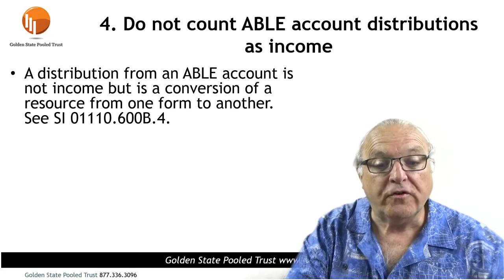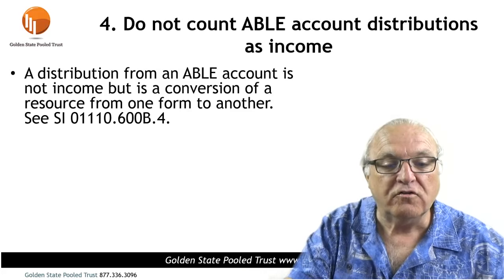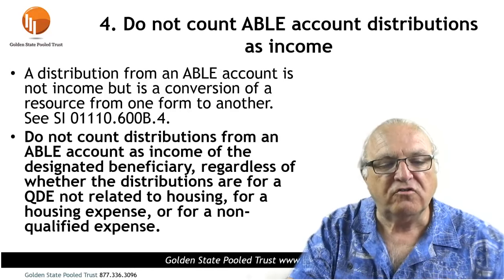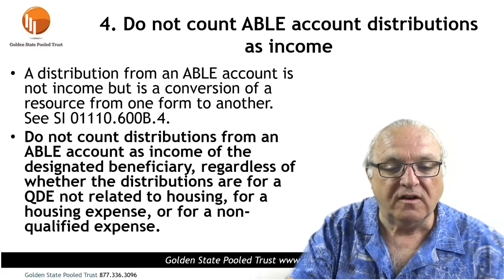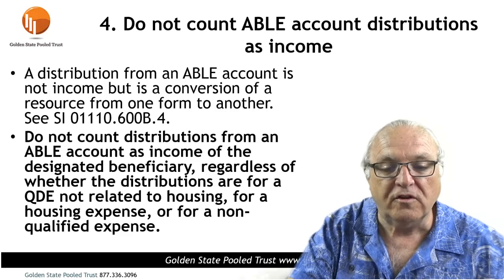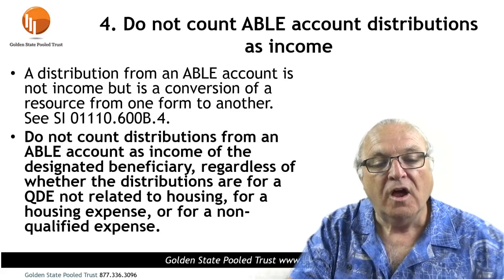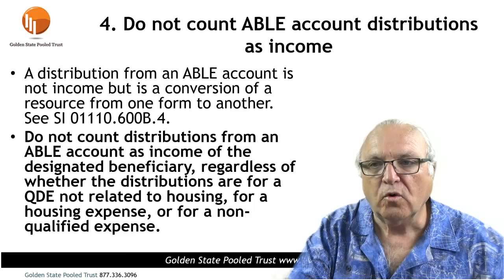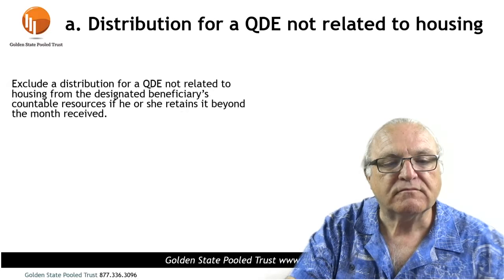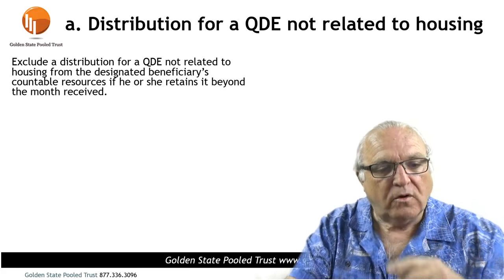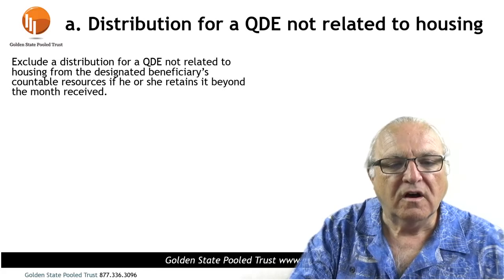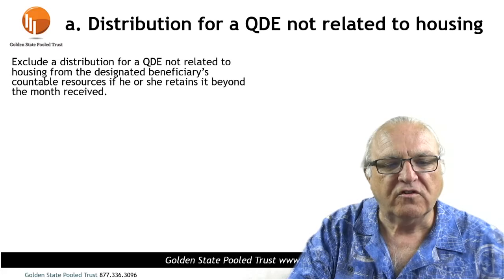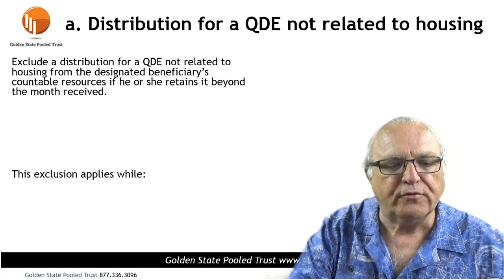A distribution from an ABLE account is not income, but it's a conversion of a resource from one form to another. So do not count distributions from an ABLE account as income of the designated beneficiary, regardless of whether the distributions are for a QDE not related to housing, for a housing expense, or for a non-qualified expense. It also says exclude a distribution for a QDE not related to housing from the designated beneficiary's countable resources if he or she retains it beyond the month received.